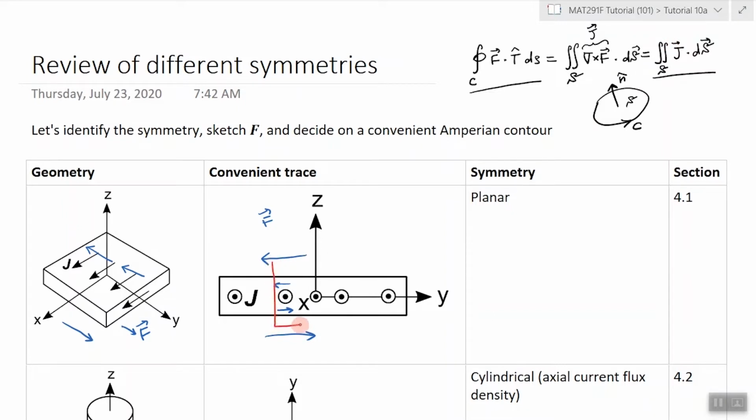And also, another feature of a good Amperian contour is that the contour aligns with the field on some of its portions and is perpendicular to the field on the other portions. This makes everything much easier to integrate. The kind of symmetry that's present in this problem is planar symmetry, and is discussed in section 4.1.